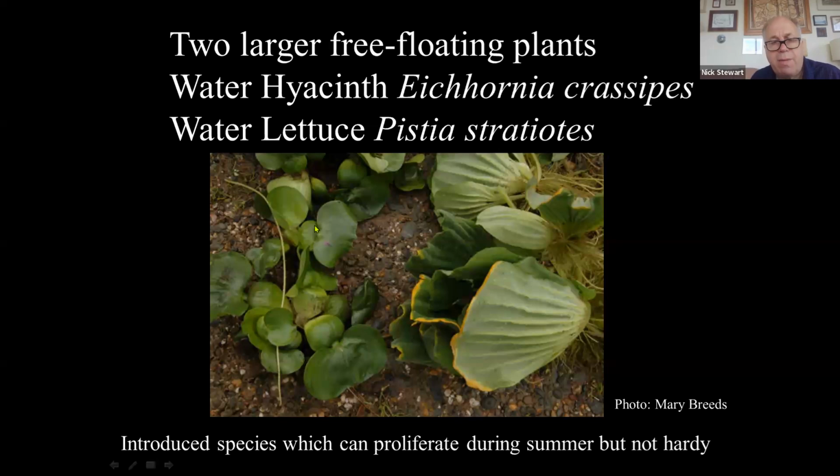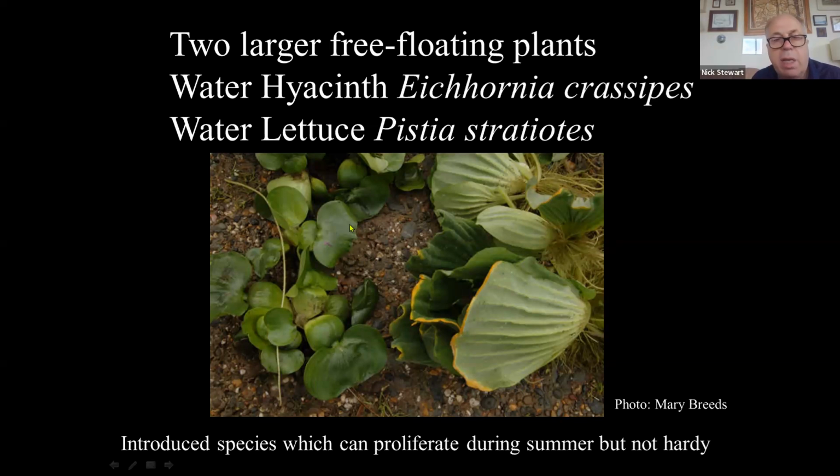So the one on the left is the water hyacinth, which in more tropical environments can be very abundant, and it has this odd bulbous shape with a leaf coming out of it.